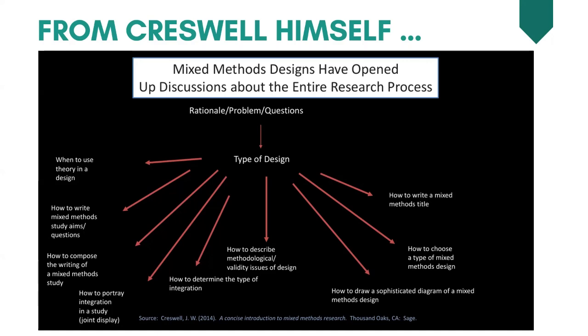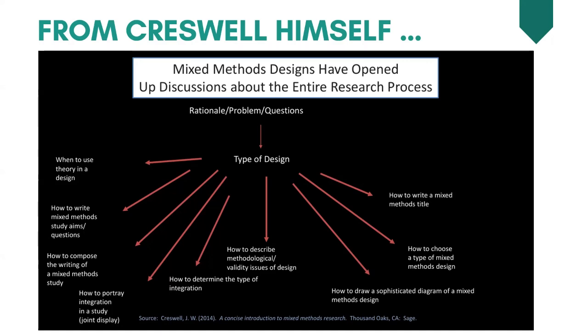It's some of these other questions as well. So for example, when to use theory in a design, how to write mixed methods study aims and questions. Actually, that changes the game, because quantitative is typically your research objectives, your hypothesis, etc. Qualitative is different from that.